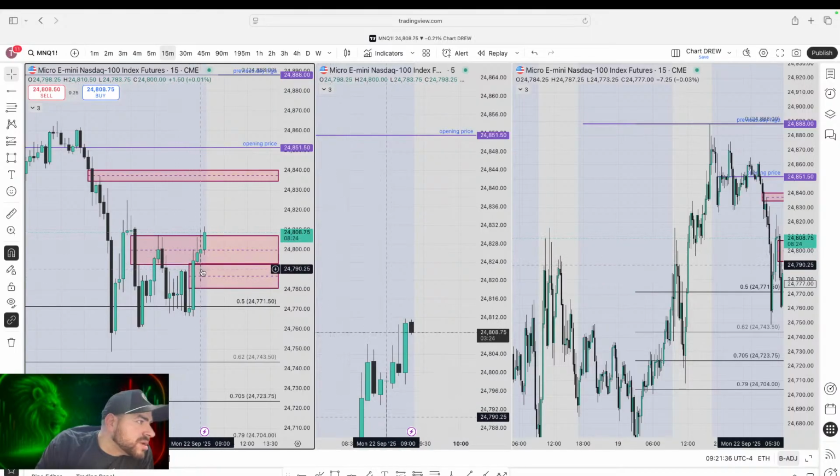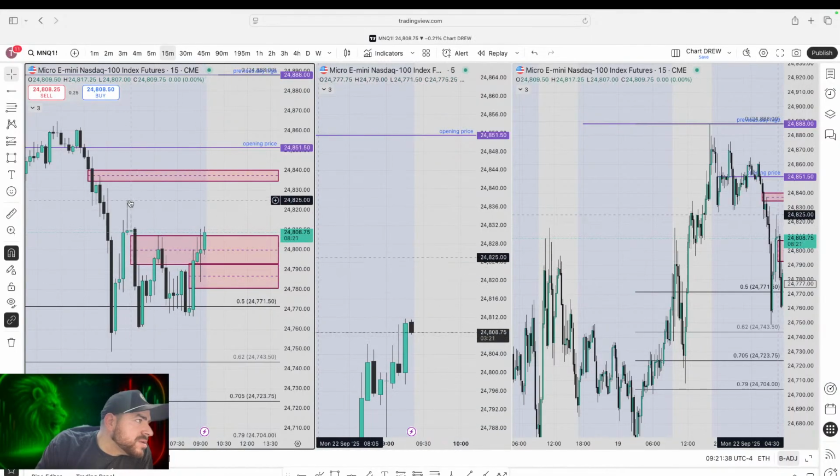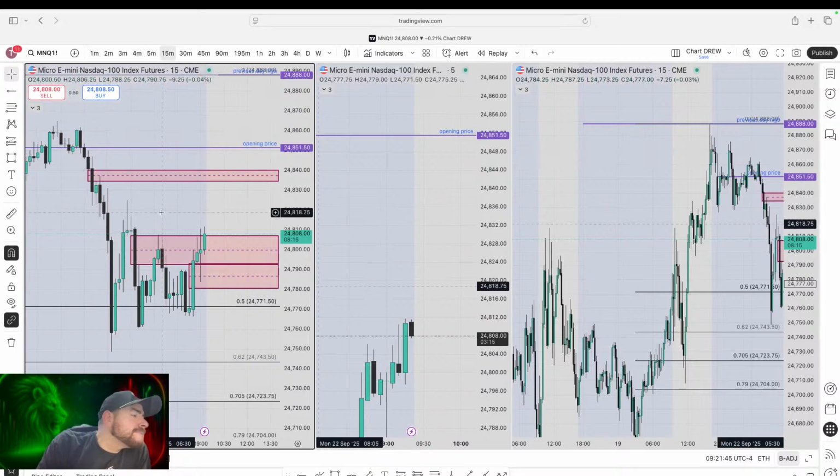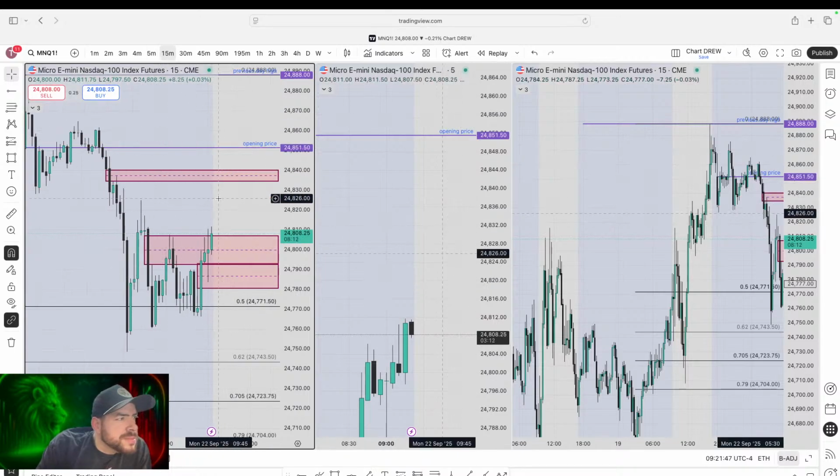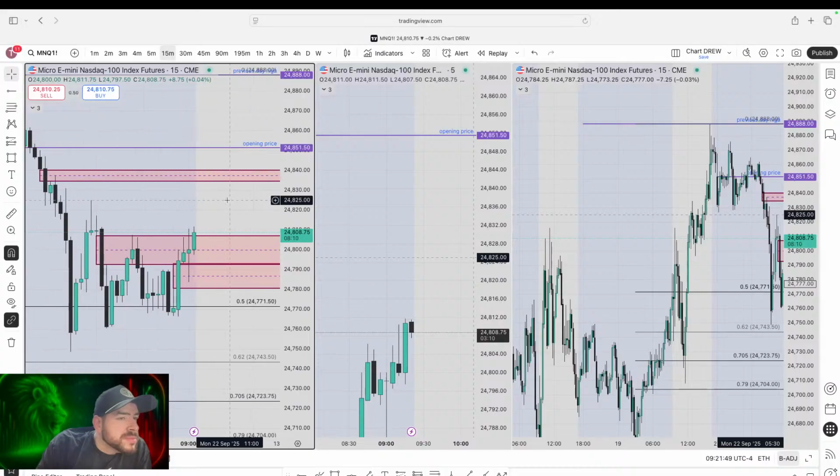We did come up here, bounce here, and we're expanding up. That's the next little liquidity right there that I can see us taking out.